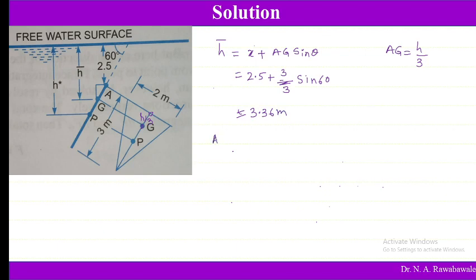Then the area of the triangle is half b into h. Half base is 2 meters, into h, which is 3 meters. So the 2 gets cancelled directly. 3 meter square is the area of the triangle. So the area is known now.